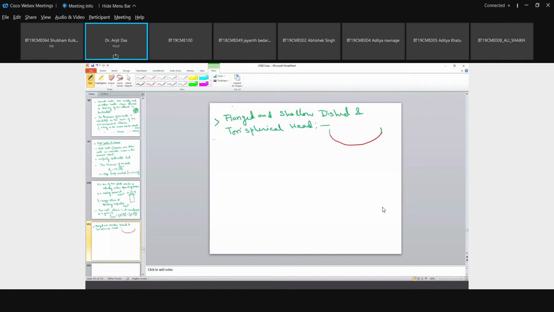Now, while pressing into disc shape, such heads consist of two radii, what we have already said, that is the crown radius and knuckle radius.